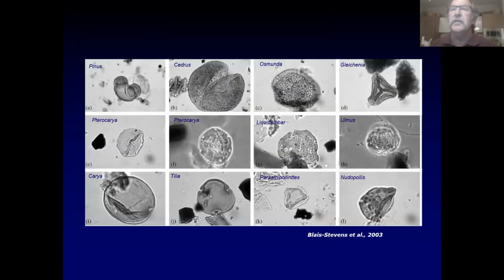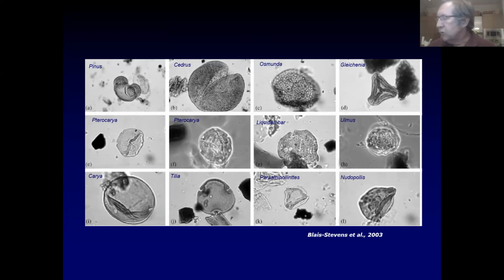And an interesting thing about these sediments is they contain exotic microfossils. So this is a collection of some of the exotic spores and pollen that are widespread in these anomalous gray silty clay beds that you do not find anywhere else in the post-glacial sequence.